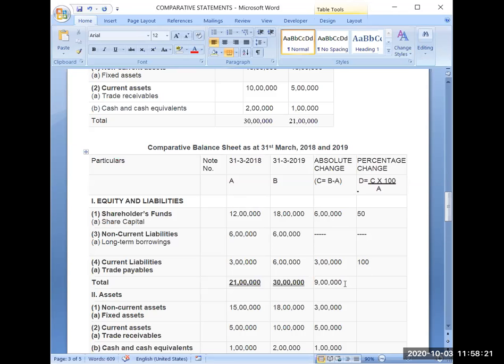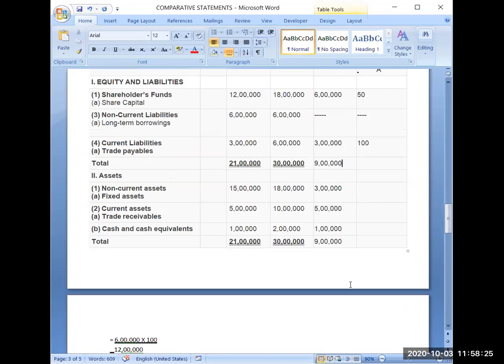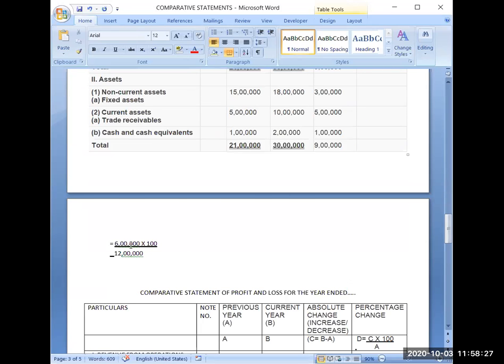Now this 9 lakh divided by 21 lakh will be a little bit difficult calculation for you. How to make it short? Suppose here I will write 9 lakh upon 21 lakh. First you can see that it is divisible by 3. So this way it will become 3, and it will become 7 if I cut it.